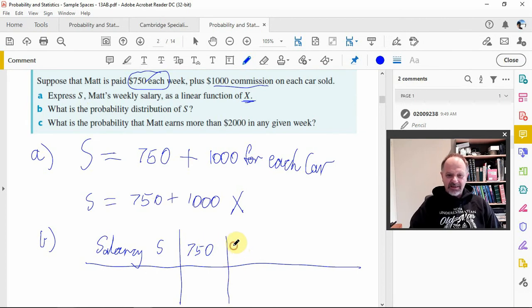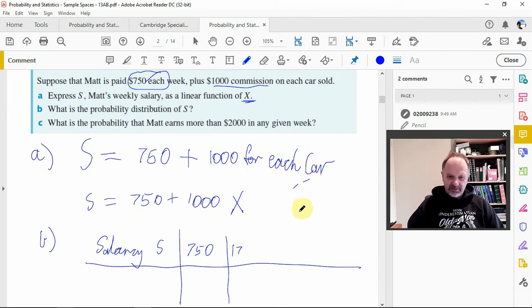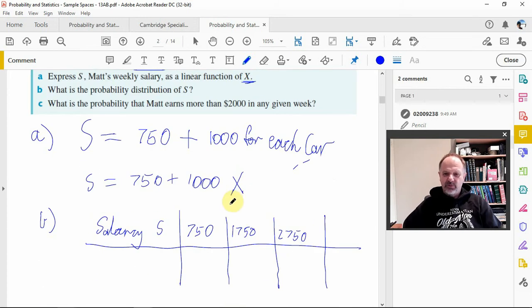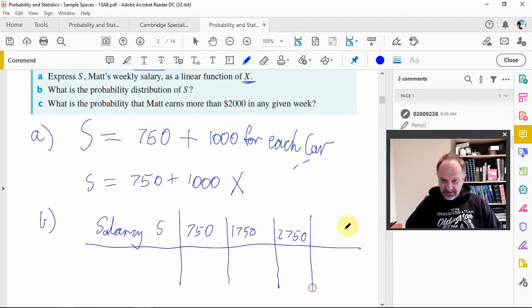But if he sells one car, he gets his $750 plus another 1,000, which is 1,750. Then if he sells two cars, it's 2,750, and so on. So three cars, it's 3,750, and if he sells four cars, $4,750.